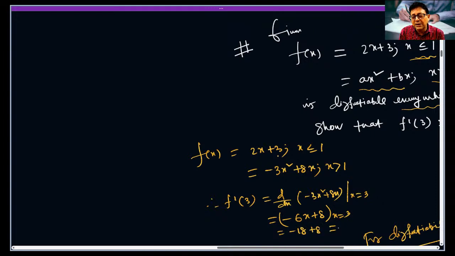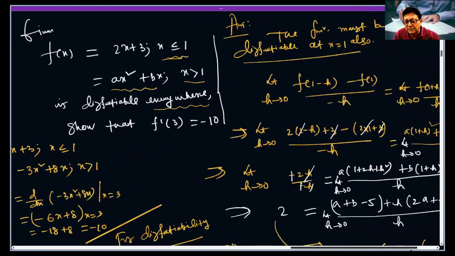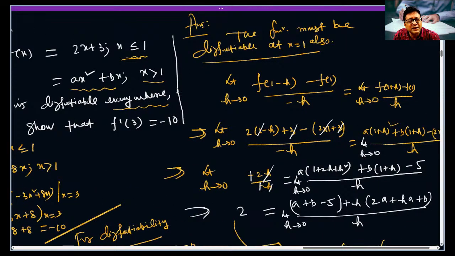So minus 18 plus 8, the value is minus 10. Clear? Understood? Done? The value is minus 10.